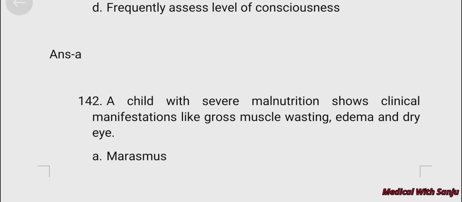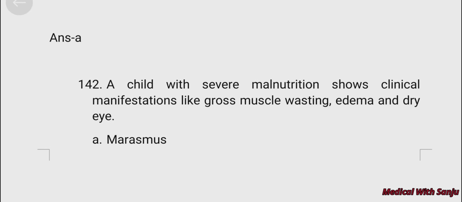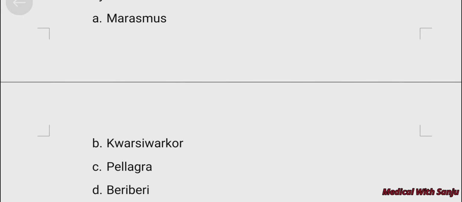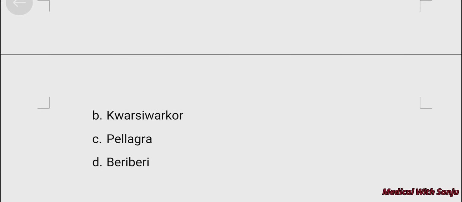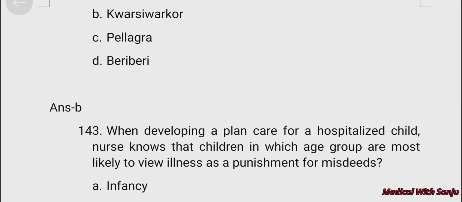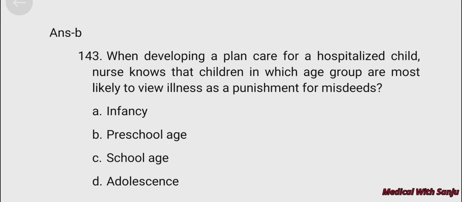Question 142. A child with severe malnutrition shows clinical manifestations like gross muscle wasting, edema, and dry eye. Option A, marasmus. Option B, kwashiorkor. Option C, pellagra. And option D, beriberi. Option B, kwashiorkor is right answer. Question number 143.